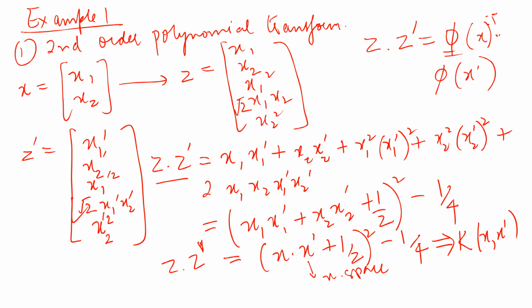So if you think about it, why is it such an achievement? That's because we don't really physically need to go into the z space in general. For any, let's say, qth order polynomial, we can get a similar function or a similar kernel. So that's the power of that result, and you can go and verify that, and I'm writing it here.